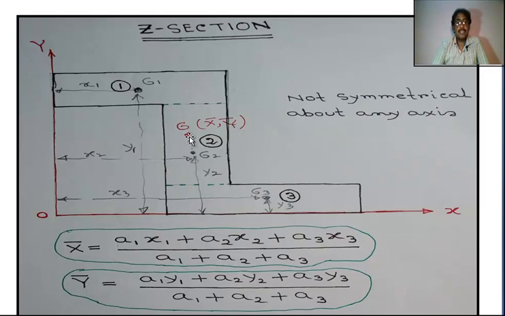Y bar equal to distance of CG of total section from x-axis. X bar equal to A1 x1 plus A2 x2 plus A3 x3 by A1 plus A2 plus A3. Y bar equal to A1 y1 plus A2 y2 plus A3 y3 by A1 plus A2 plus A3. It is clear, my student?